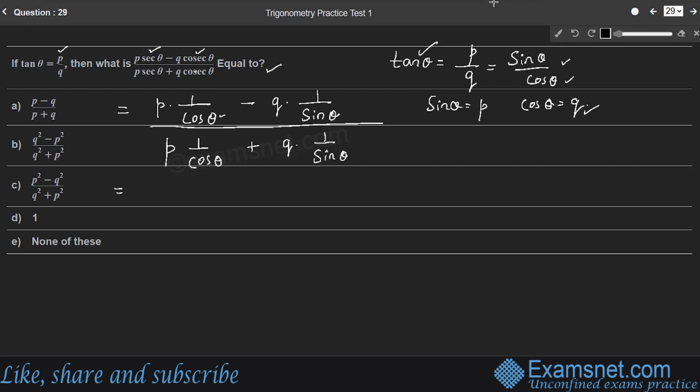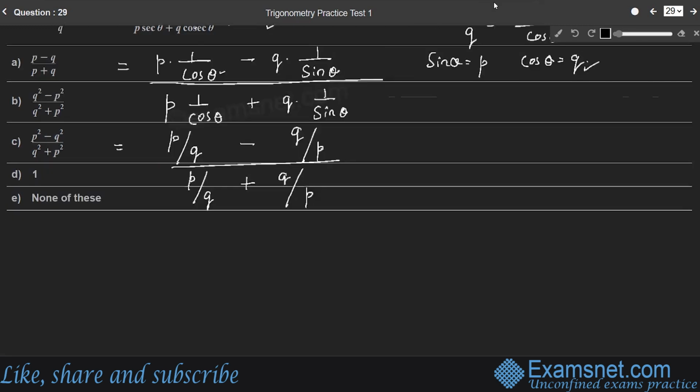Now substitute the value of sine and cos. So P by cos theta is P by Q, minus Q by sine is Q by P, divided by the denominator, which becomes P by cos, that is P by Q, plus Q by sine, that is Q by P. Simplify it.